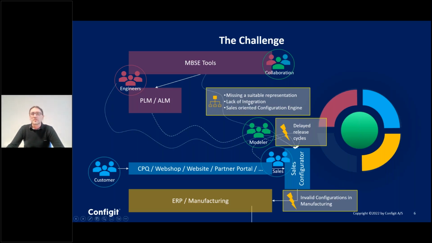There could be a lack of integrations, as we see here in this manual flow, where much data is manually moved from one system to the next. Or it could be that you have a more sales-oriented configuration engine, which is not tailored to import data from engineering into the configuration engine. And these are the areas we will talk about today.